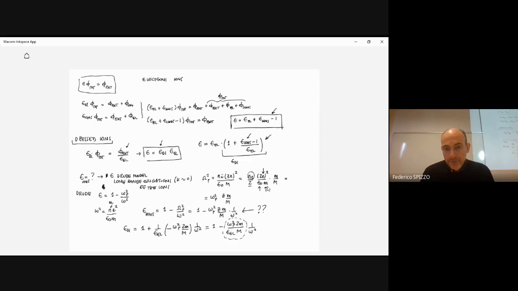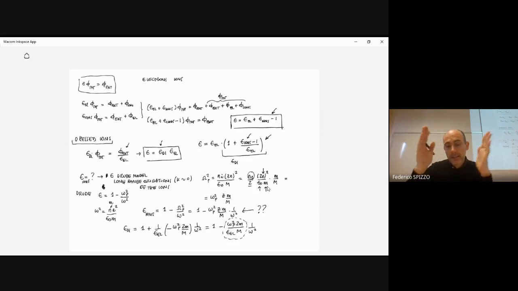Why is that? Because if you remember, when we discussed the electronic oscillation in the system, we said the electronic system may oscillate with respect to the background of charge given by the ions. So they may move back and forth in the system.